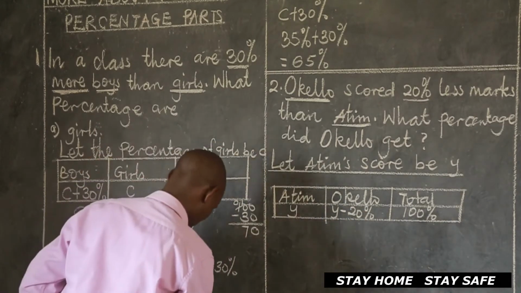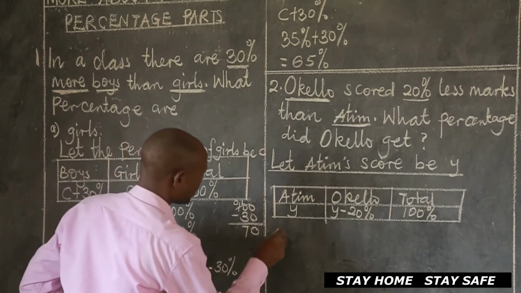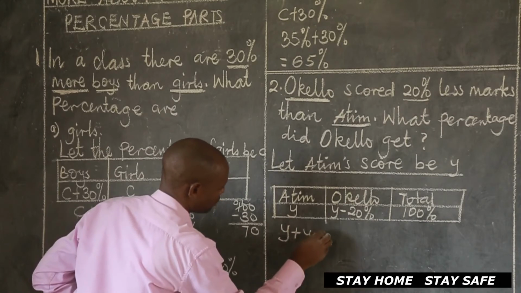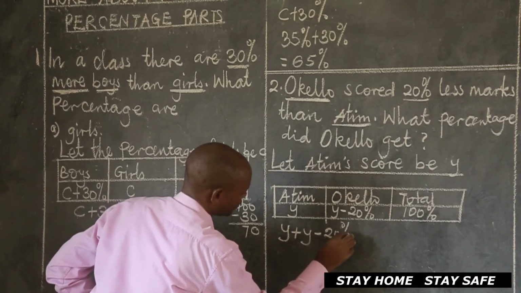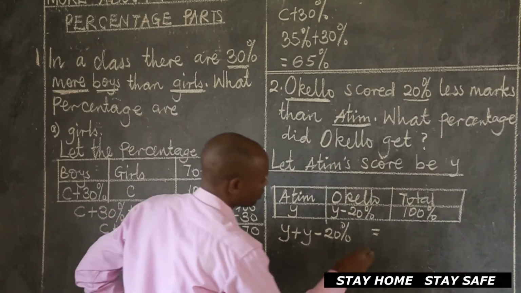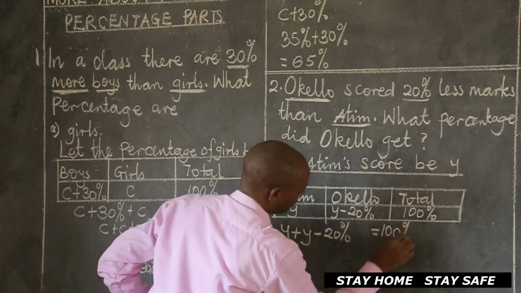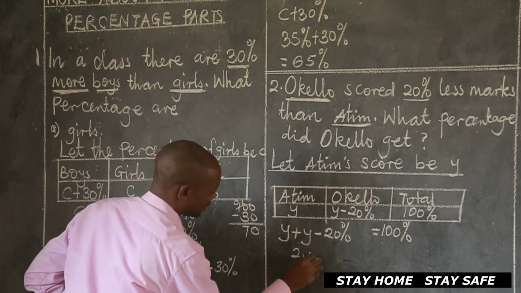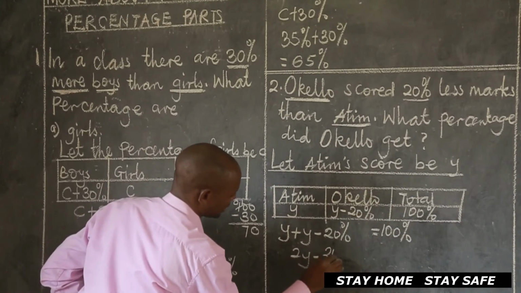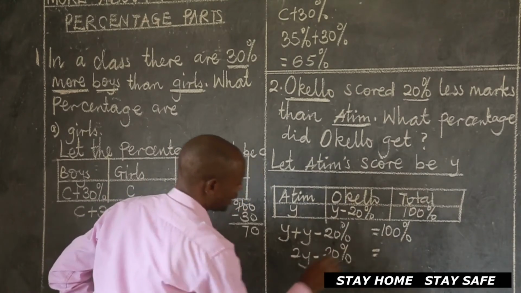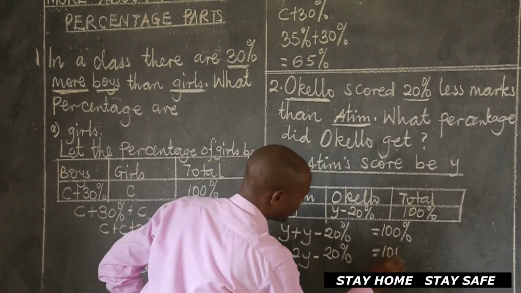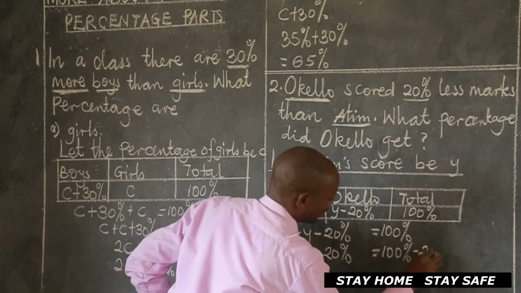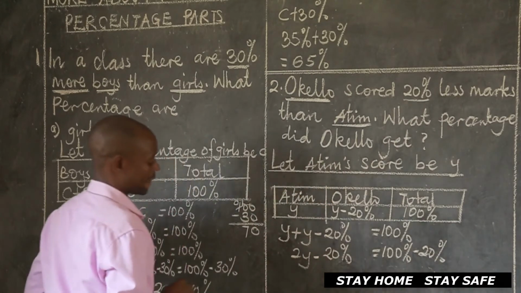So can we form our equation and find the value of Y? Therefore, Y plus Y minus 20%, this one will give you 100%. So Y plus Y, we are getting 2Y. Take away 20%. And this one will give you 100%. Okay?